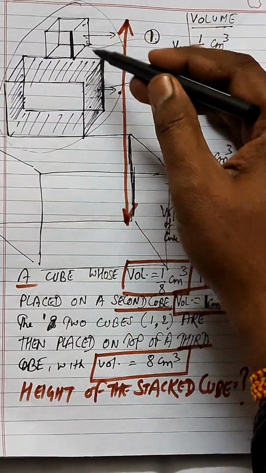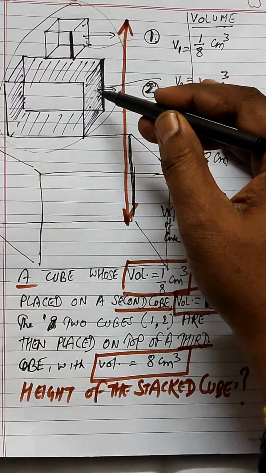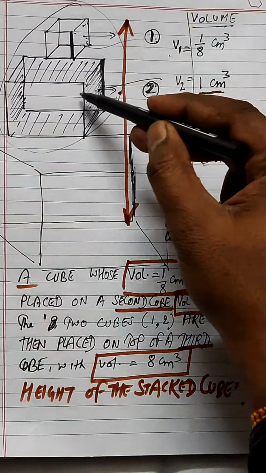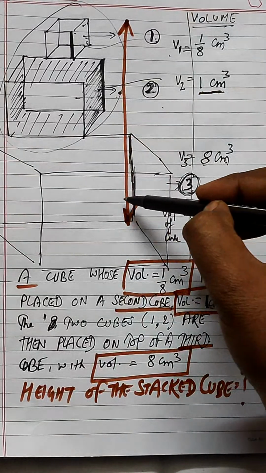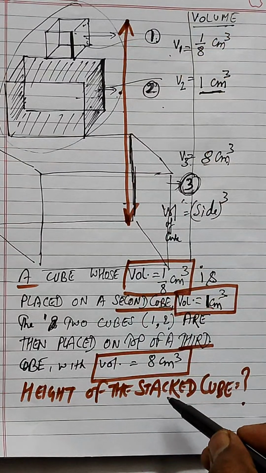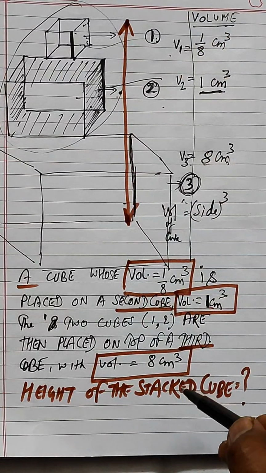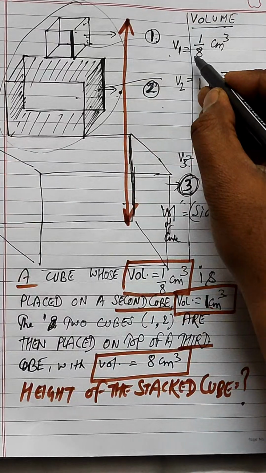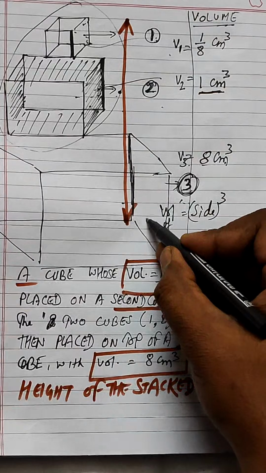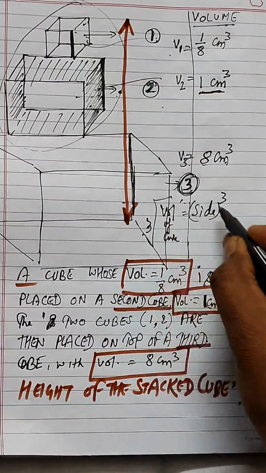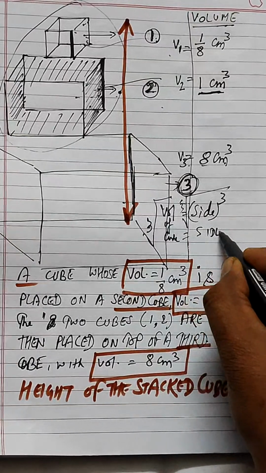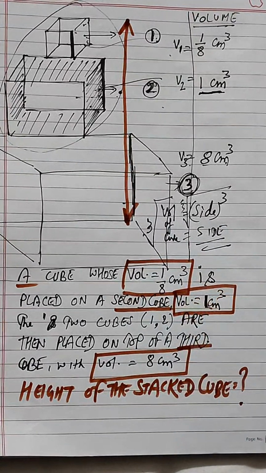So when you add the sides of cube number 1, cube number 2 and cube number 3, you will get the complete height of this stack which is asked in the question. Just simply take the cubic root of the volumes given, because when you take the cubic root of the volume, the side will come out. You will get the value of the side, right?